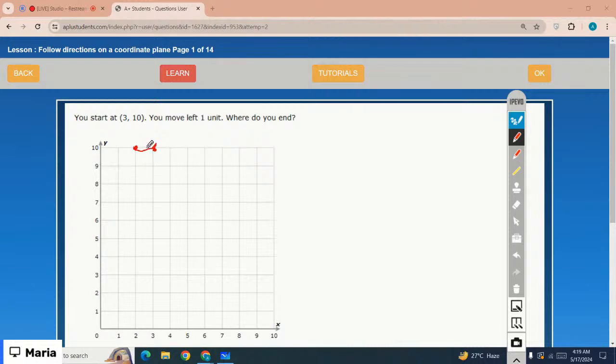So where do you end? No, not 3 9. You move left 1 unit. The x coordinate is changed, right?